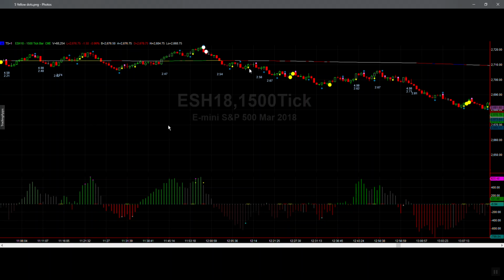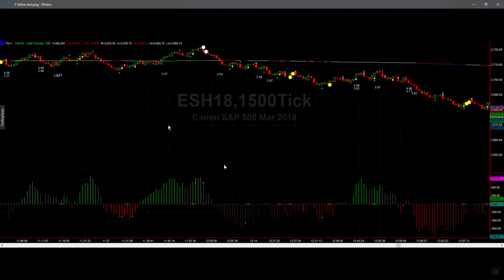The buyers came in, they tested, the sellers overwhelmed, they went out, and price continued down. Then you get over here, which again is a point of potential change of strength or energy in the selling that's going on, and you can see the price went out over to this point here.